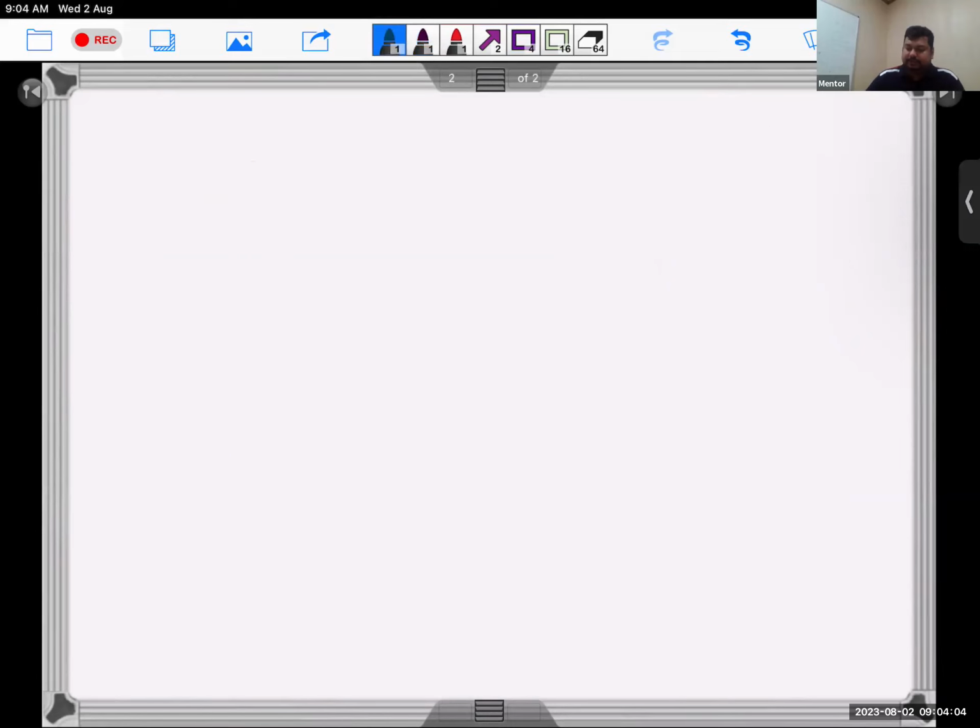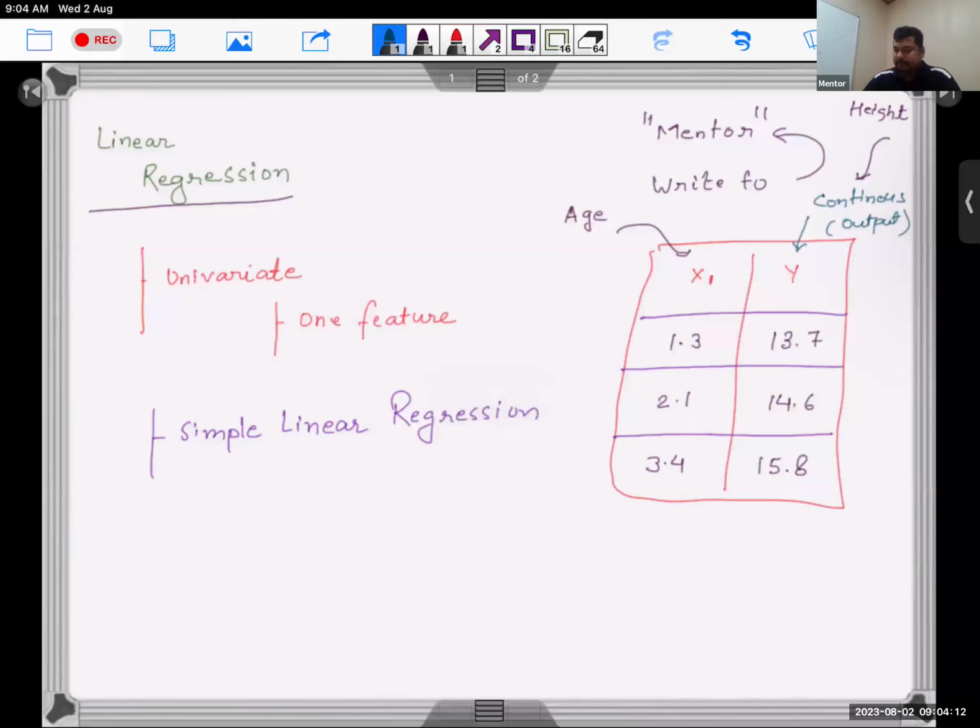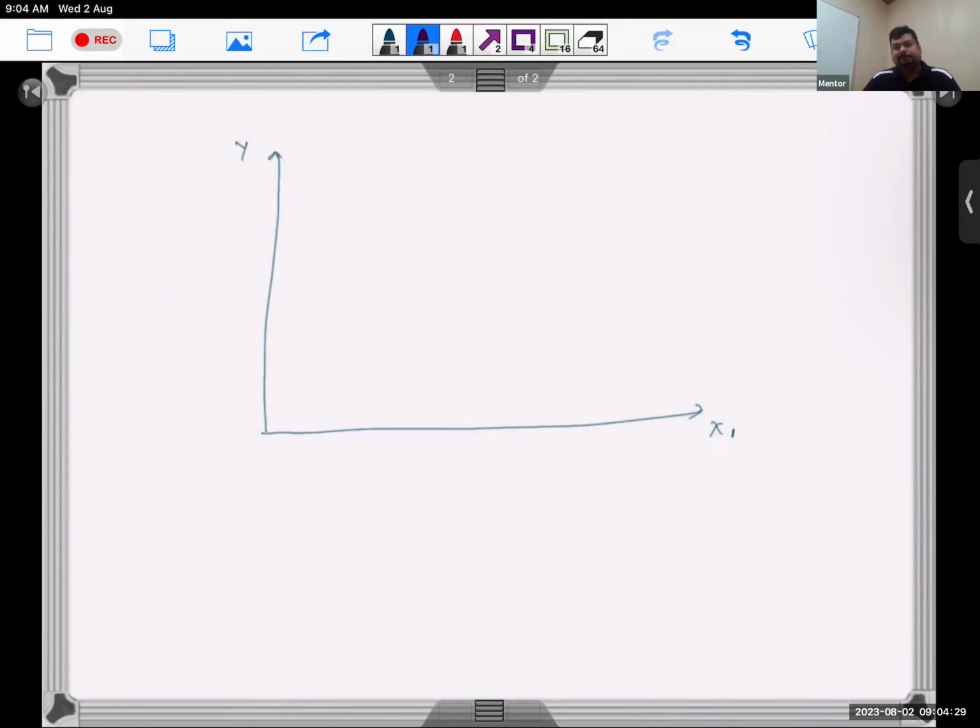So let's say you draw this on a scatter plot, with generic numbers just to illustrate something. Let's say A1, A2, A3 on one axis, and Y1, Y2, Y3 on the other.